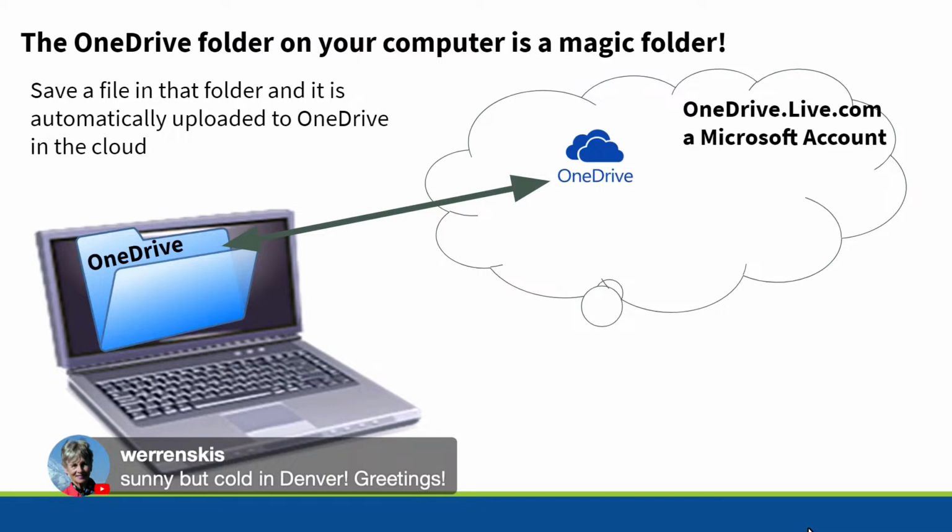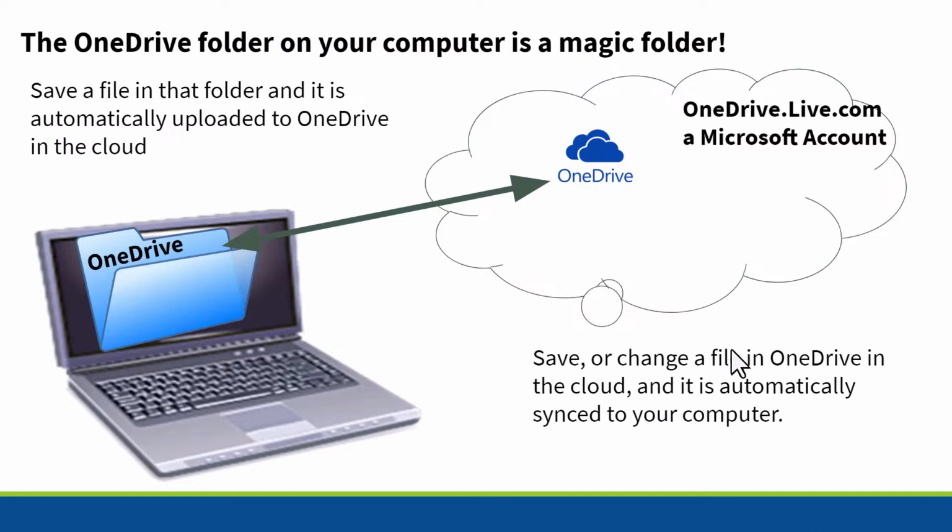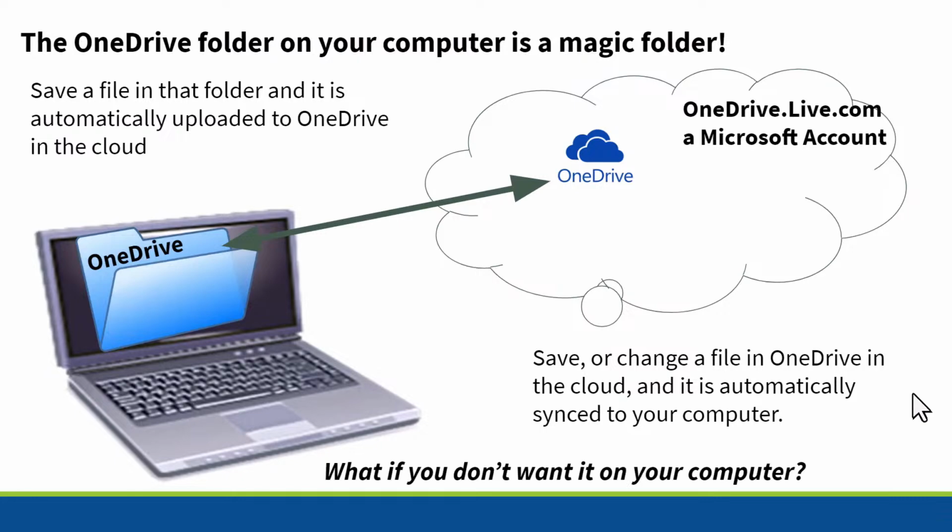When you save a file in that folder, it is automatically uploaded to your OneDrive account in the cloud, your Microsoft account, and it's at onedrive.live.com. Also, if you save or change a file on the cloud side in OneDrive, it's automatically synced to your computer. What if you don't want it on your computer? That's what I'm going to show you.